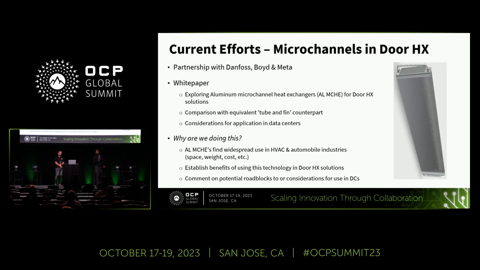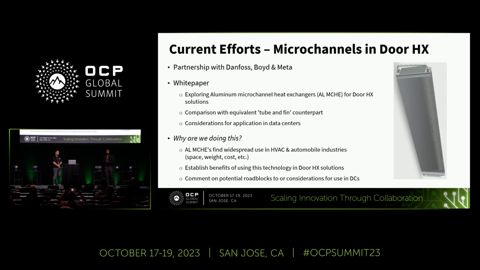Another work stream is the microchannels, or the aluminum microchannel heat exchangers, as used as door heat exchangers, and that's a partnership between Danfoss, Boyd, and Meta. So we have a presentation coming up with Sanka and Philippe, Sanka from Danfoss and Philippe from Boyd, where they're going to go through this.